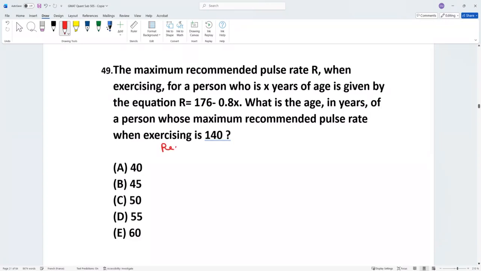So the recommended pulse rate R is equal to 176 minus 0.8x. Here, x is equal to the age of the person exercising.